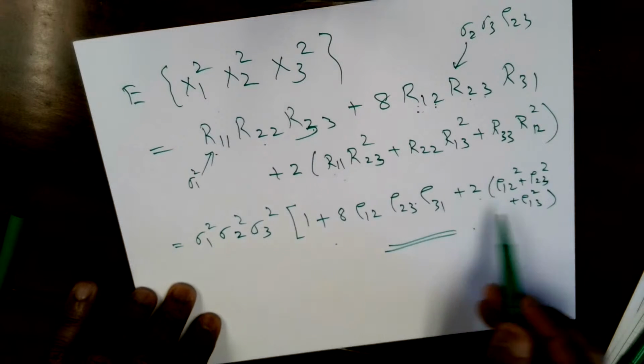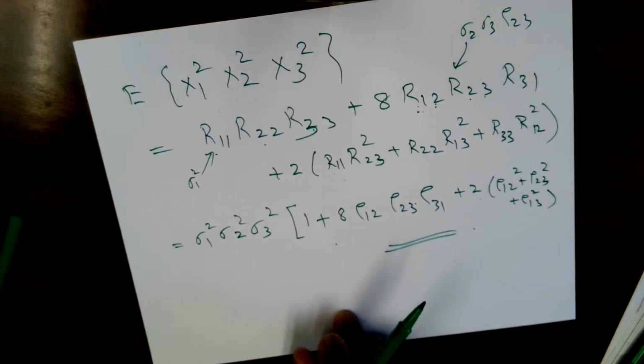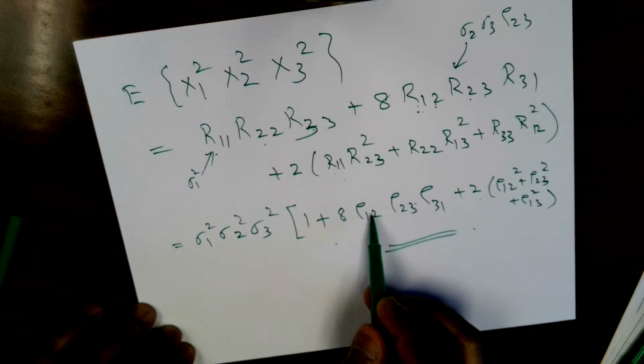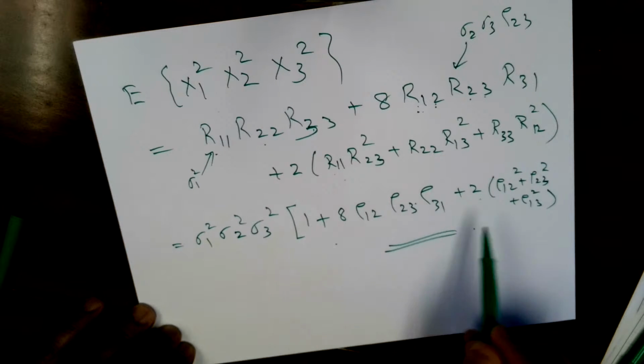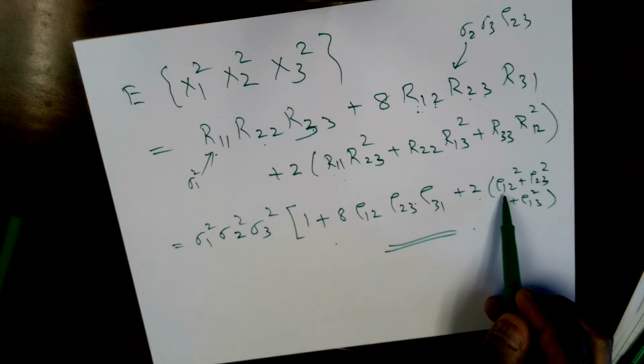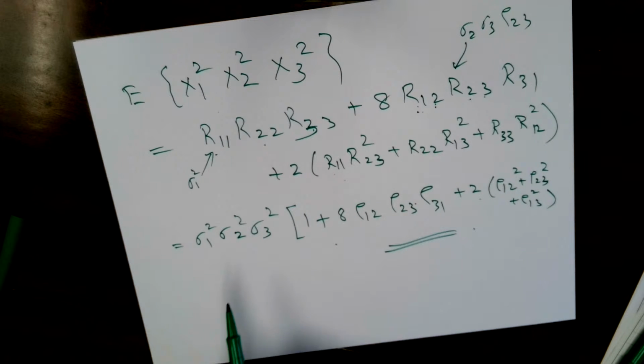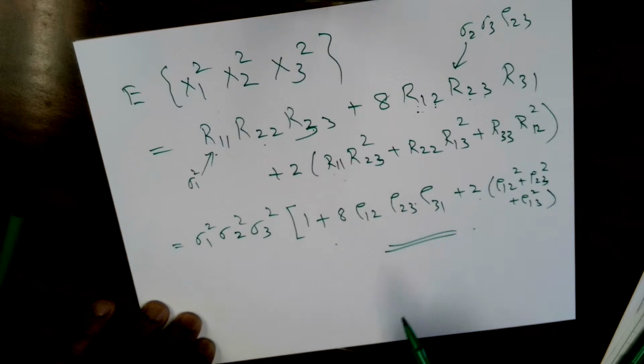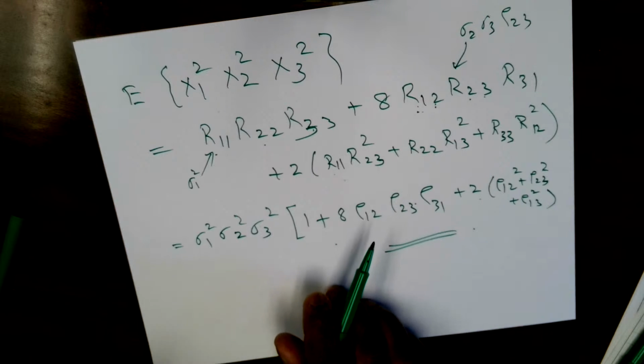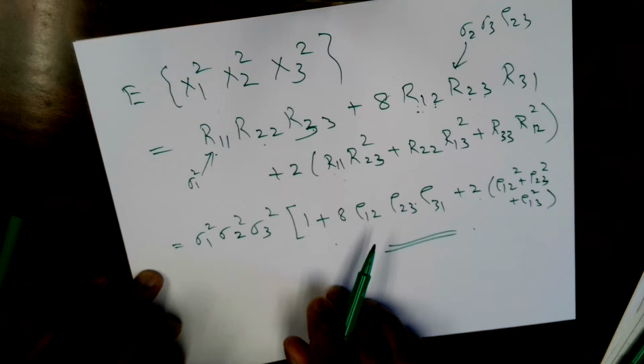And if they are identical, then you get a cubic equation, etc. In other words, if all the rhos are equal, this will be 1 plus 6 rho squared plus 8 rho cubed multiplied by sigma to the power 6. And now if you want to do 4, you just take 4 random variables and proceed like this. That's sort of the idea.